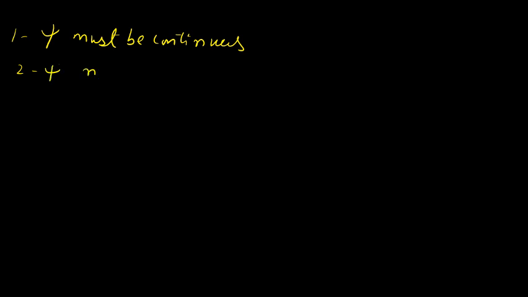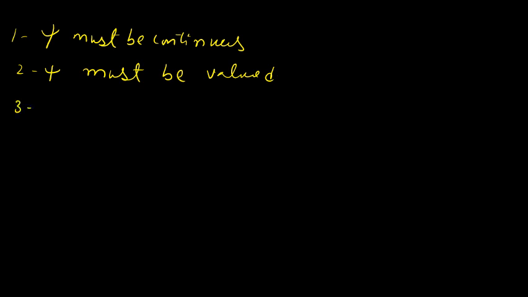So psi must be single valued at a particular place and at a particular time, because the probability can have only one value at a particular space and at a particular time.